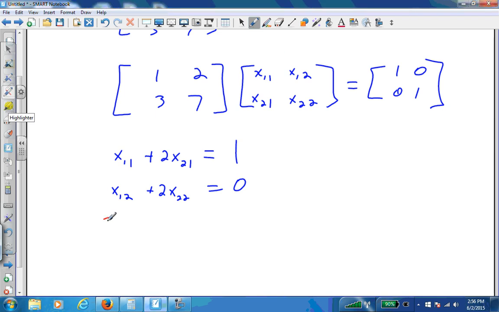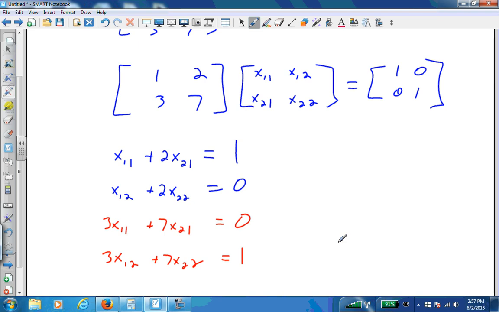Row 2, column 1: row 2 times column 1, 2, 1, that gives us 0. Row 2 times column 2, so 3 times x1,2 plus 7 times x2,2, that gives us 1.